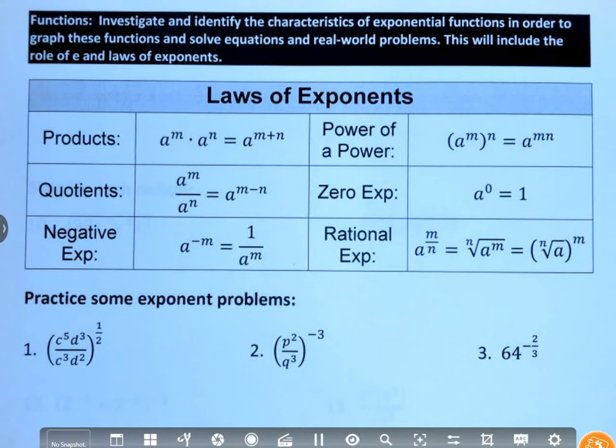Next class, you will be taking a quiz over exponents, because in order to move forward with this unit, I have to make sure you are up to par with the regular old exponents. So keep working on those 13 problems. You're welcome to work together and ask each other questions. Star the ones that you're stuck on, and I promise we will go through every single one of these problems.